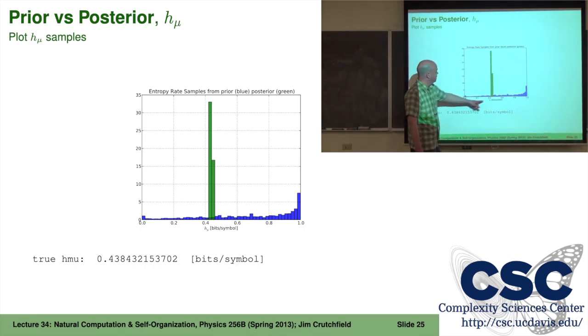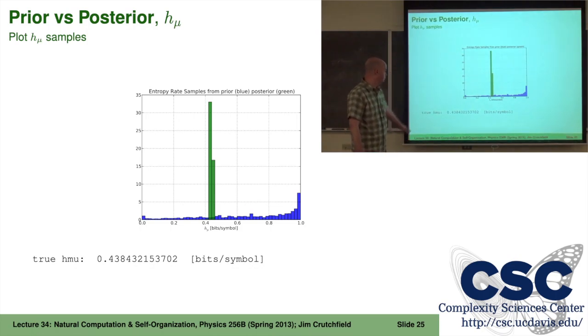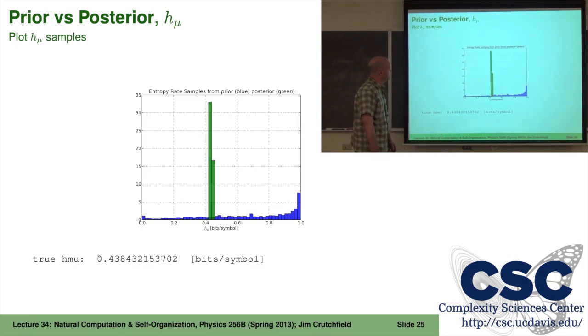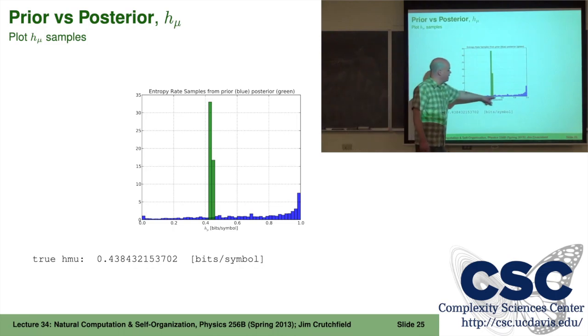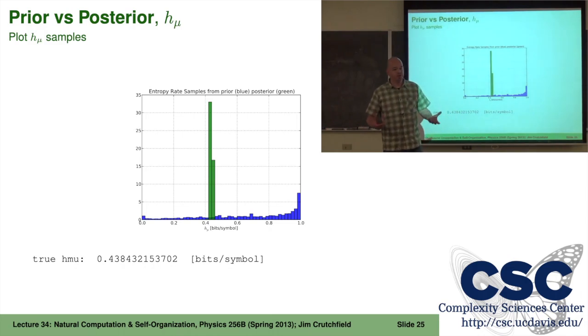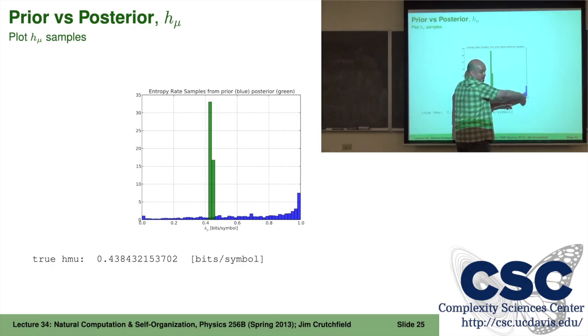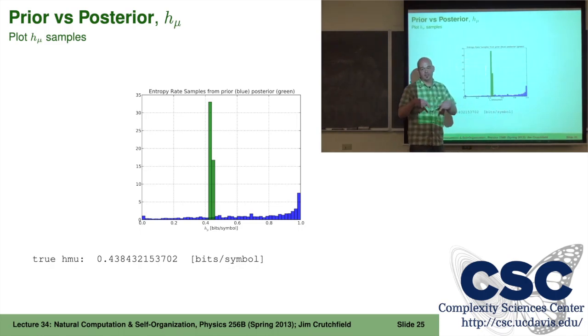But if we just plot the samples, the blue is the prior, and the green is the posterior, and the true value, if you use the thing that we put in the beginning, is 0.438. And so it does a good job of capturing that. And the one thing that you should notice from the prior is that of all of these structured processes, the only process in the topological epsilon machines that can actually create these really high entropy rates is the single state two-edge thing.